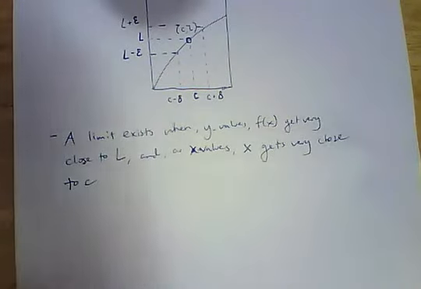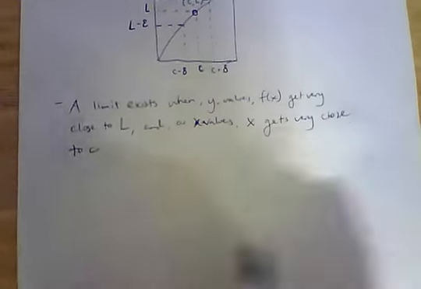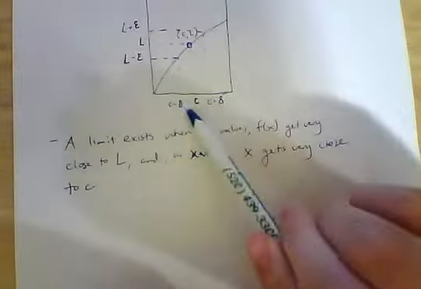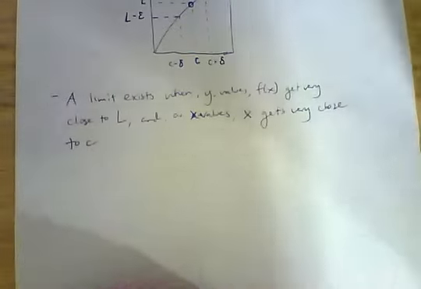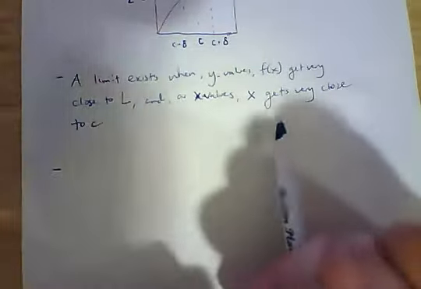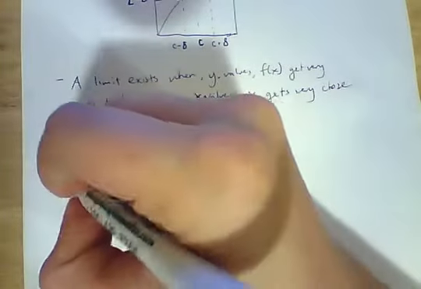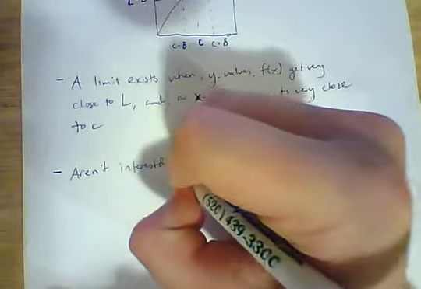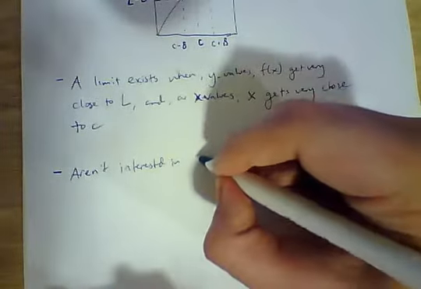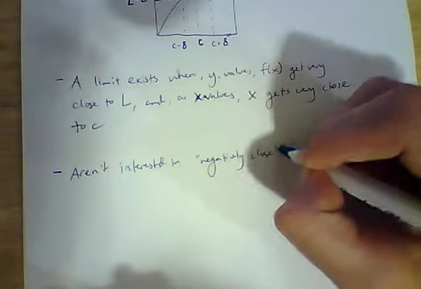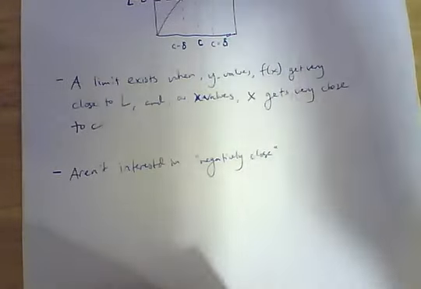Now, what we're going to do next is take all of these words and actually use these deltas and these epsilons, and define it a little bit better mathematically. We're going to use some absolute values to do so, because we aren't interested in negatively close values.